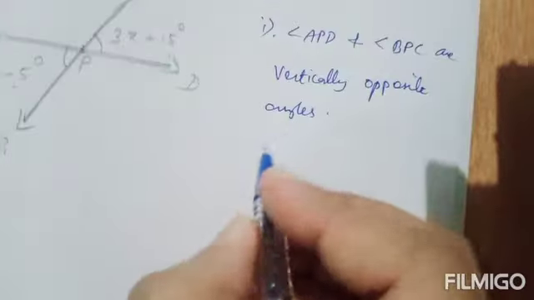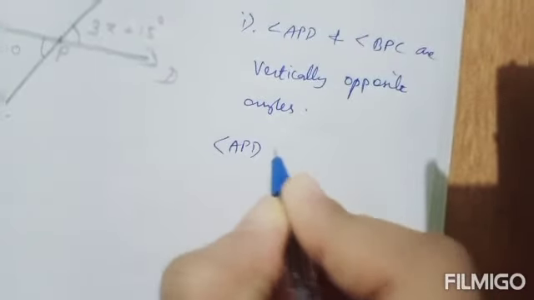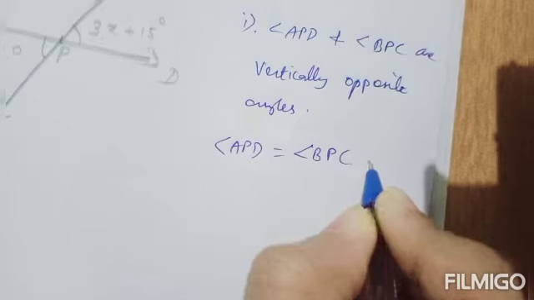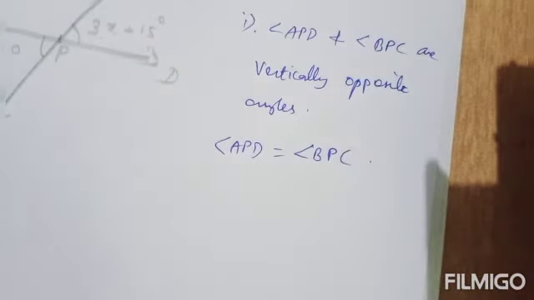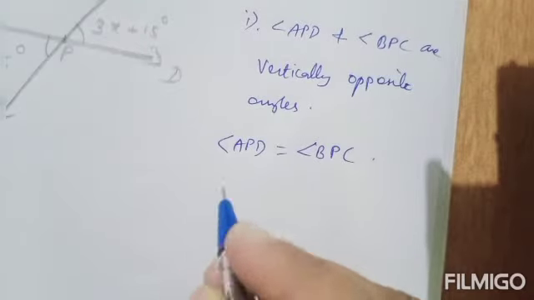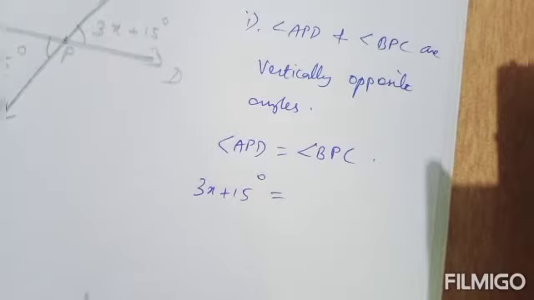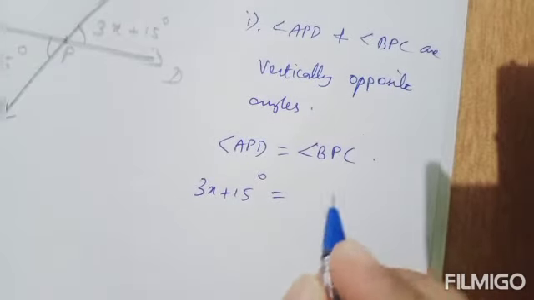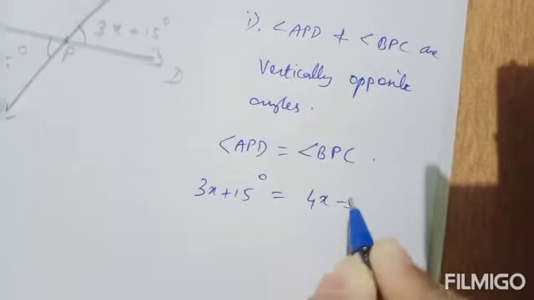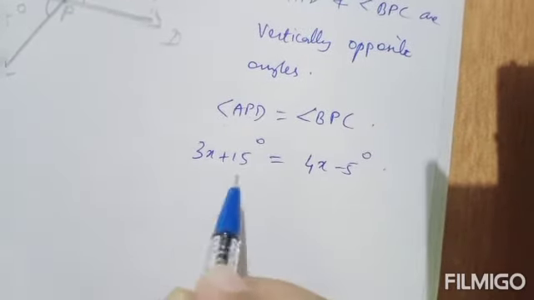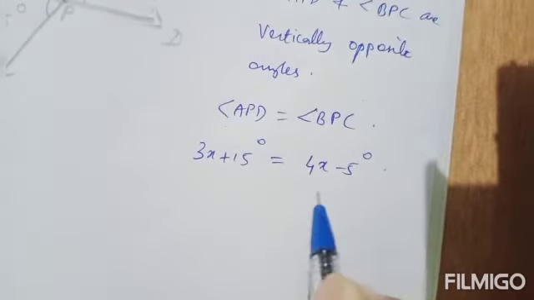By property 1, we can say angle APD equals angle BPC. Vertically opposite angles are always equal. Now angle APD is given 3x plus 15 degrees, so that we can write equal to angle BPC, which is given 4x minus 5 degrees. So 3x plus 15 degrees equals 4x minus 5 degrees.